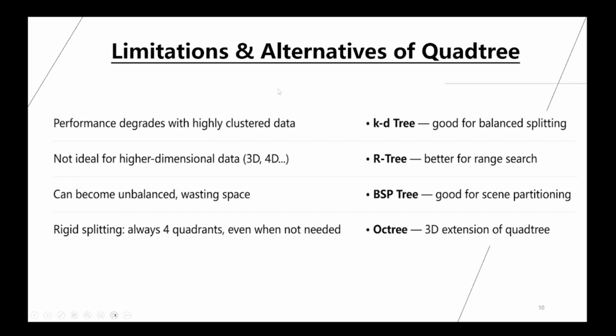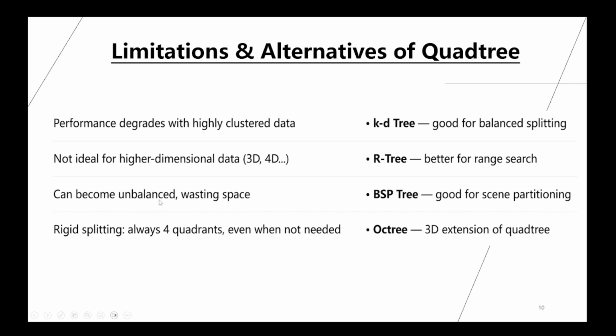While quadtrees are powerful, they do have some limitations. One key issue is that the performance can degrade significantly when your data is highly clustered. Also, it's not ideal for higher dimensional data. An R-tree might do better for range search in higher dimensions.